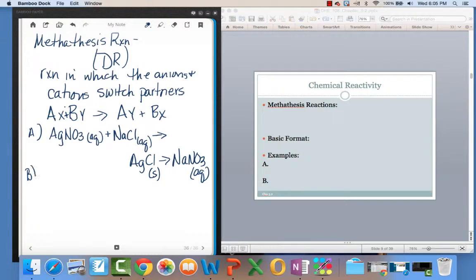Another example is FeO, iron 2 oxide, plus HClO4, and that's going to yield H2O and Fe(ClO4)2, aqueous.